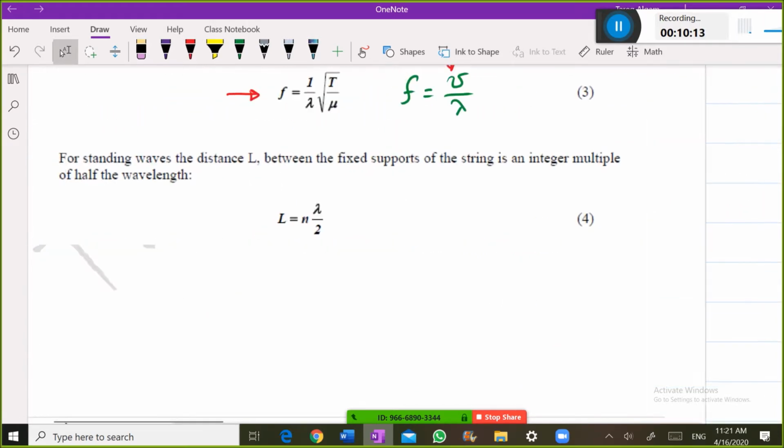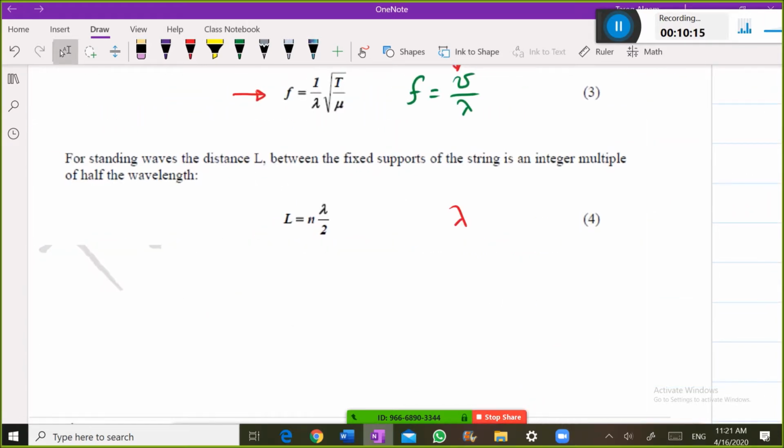Now, if you remember, in the previous part, lambda will be 2L over N. Because here there is a pattern, where N is the order of harmonic: first, second, third, and so on.